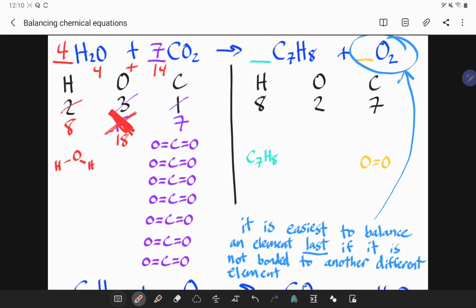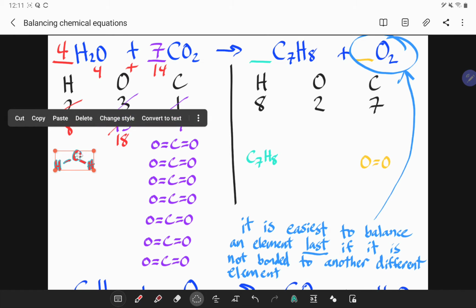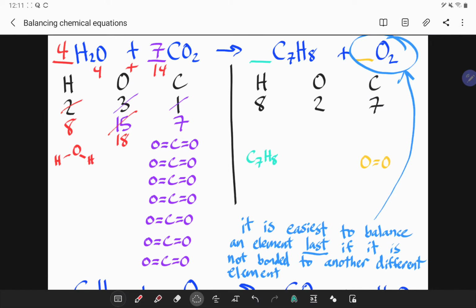It does not matter at all whatsoever. All these other previous numbers don't matter. We're going to recalculate, and when we recalculate, we get 18. Let me show us how we have 18 oxygens, because again, it's kind of confusing for a lot of people.